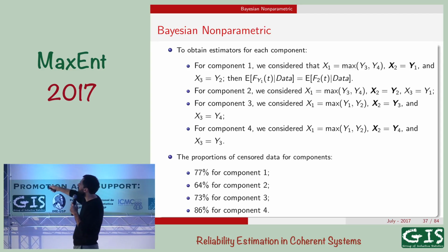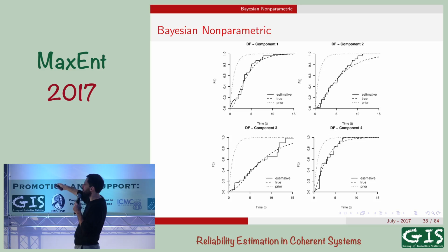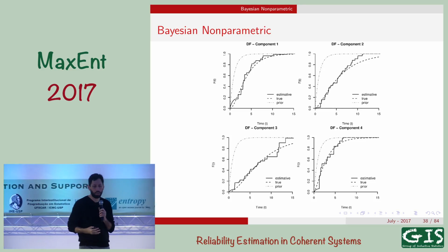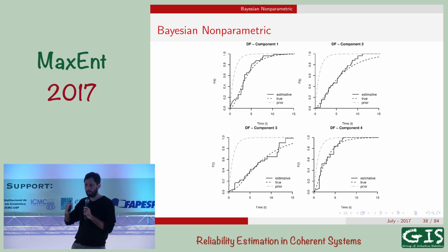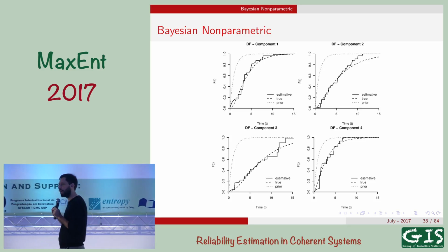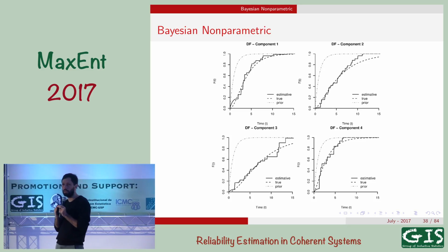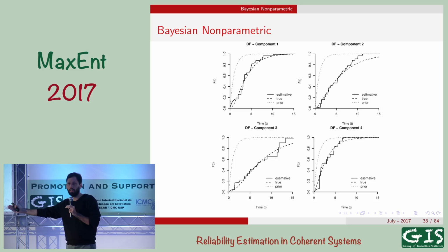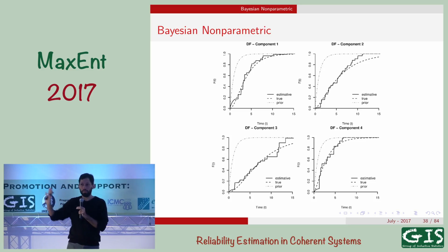But there is a reason for this too, because if I am working in a series system, what I am saying about the censored time is that it is bigger than some value. So the information that I am given when I have censoring is bigger.